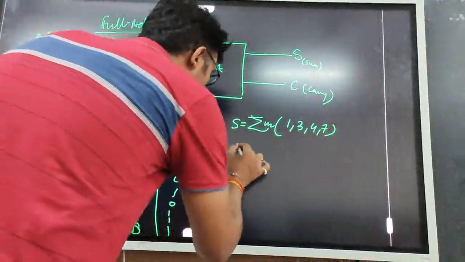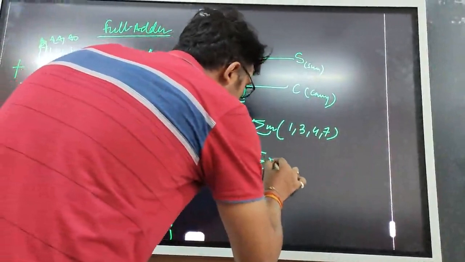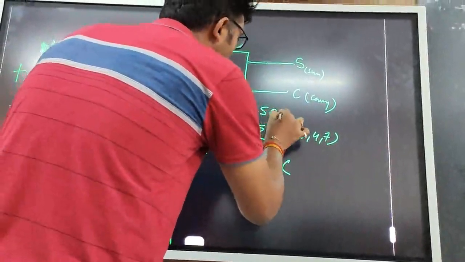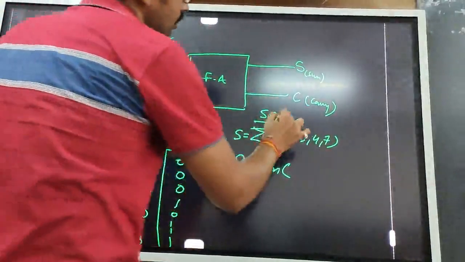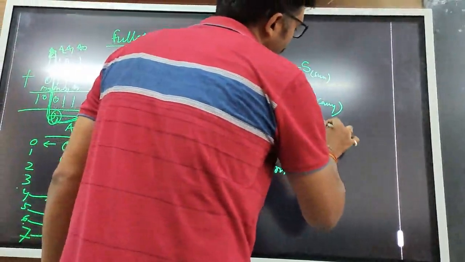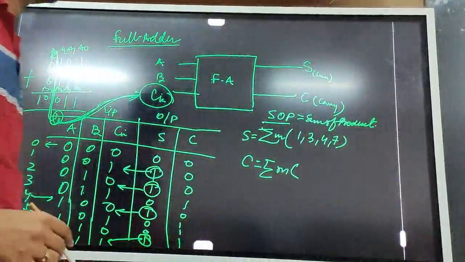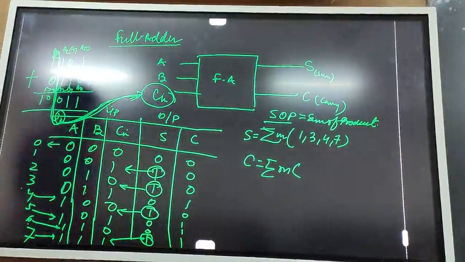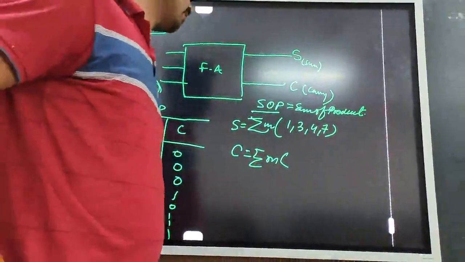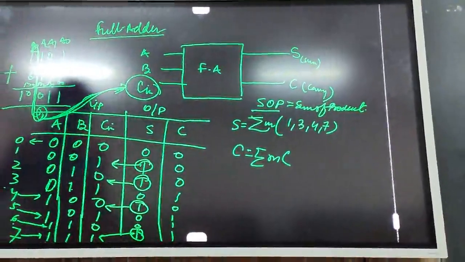Finally, if we focus on the carry, then it can be written in SOP form. SOP stands for sum of products, and it will be discussed in detail during your theory classes how we calculate the sum of product terms.